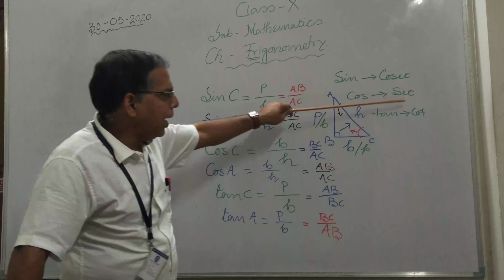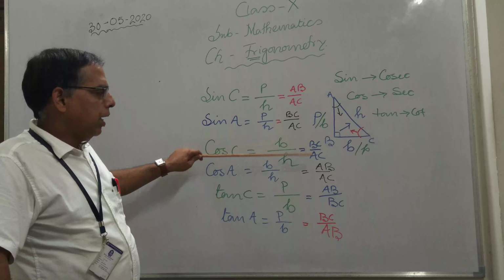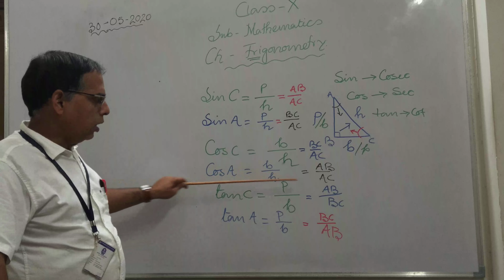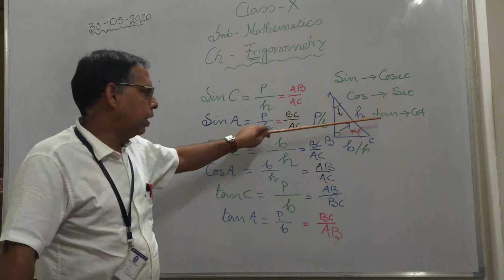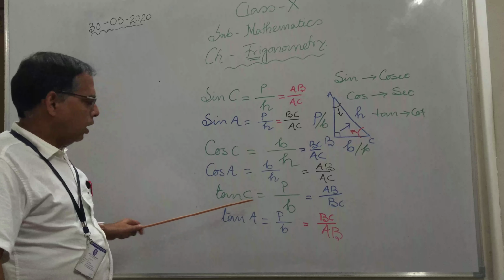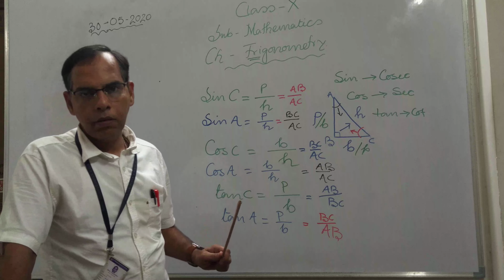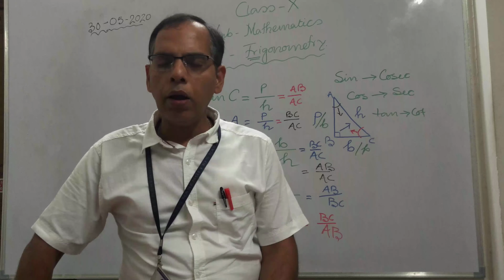If we take sec C, then it will be AC by BC. If we take sec A, then it will be AC by AB. And similarly, if we take cot C, it will be BC by AB.